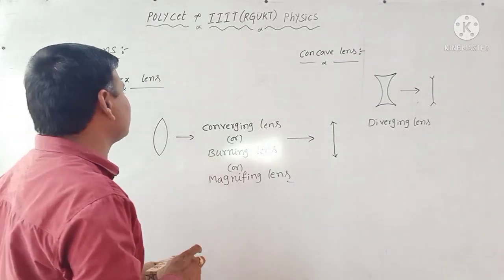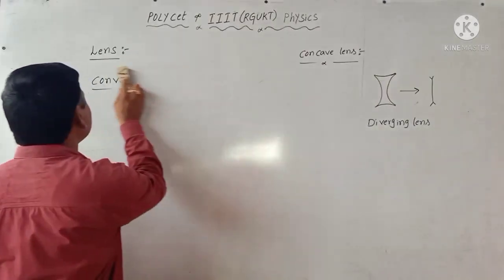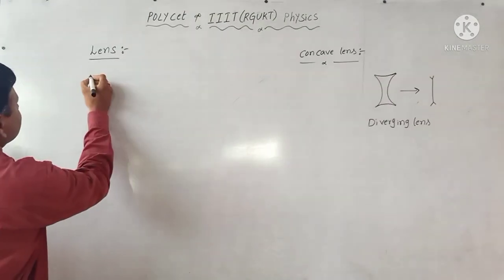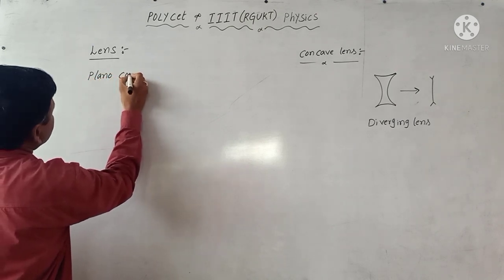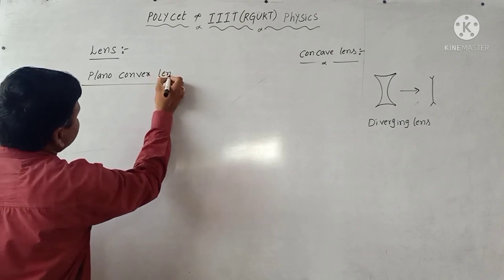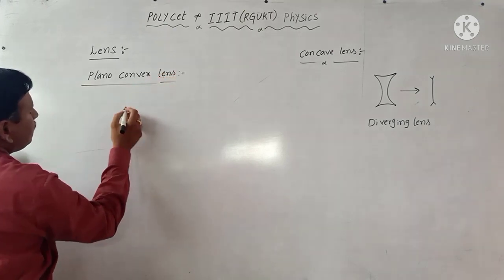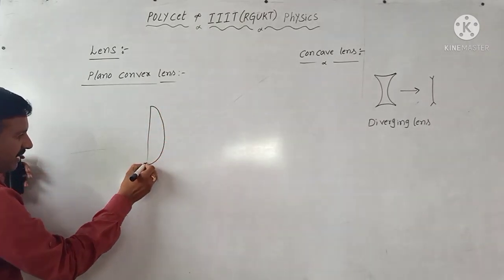Now we go to the third lens. The third lens is plano-convex. Plano means plane and the other is convex.